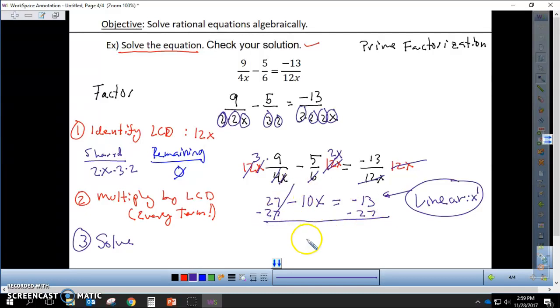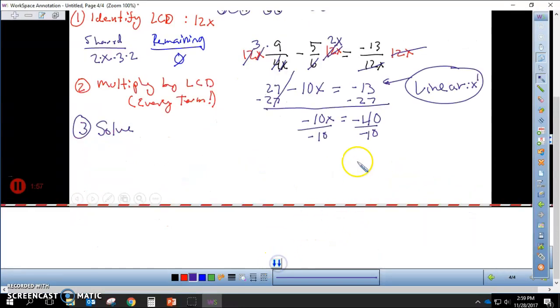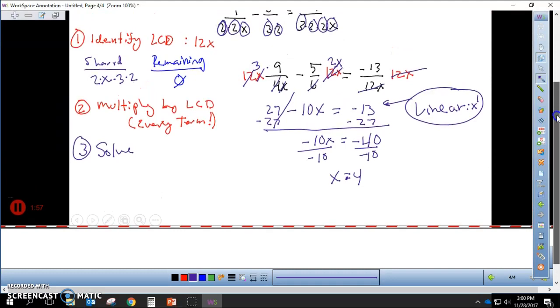This cancels, and we get negative 10x is equal to negative 40. Solving for x, we get x is equal to positive 4. Okay, so that is really all there is to it. And we'll look at some quadratic examples maybe in the next video since we're getting up there on time.